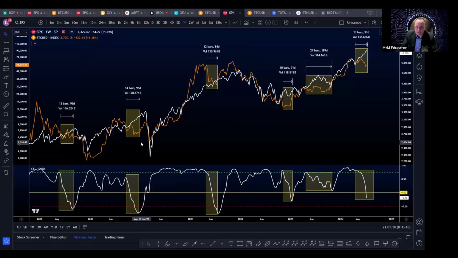Because something significant is going to change from there. If we look at the periods I've highlighted in yellow, those are the periods where we lost correlation between the S&P 500 and Bitcoin. We normally lose it for 92, 98, 84, 71 days. This period was incredibly long.